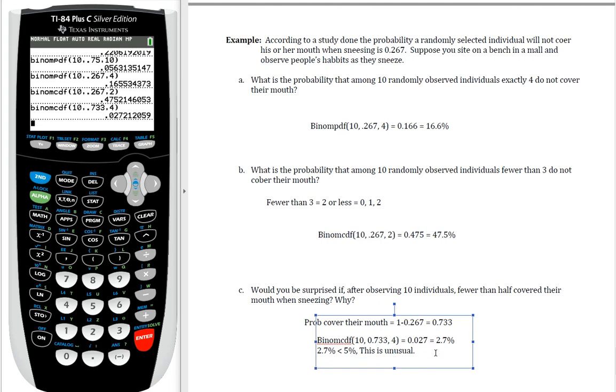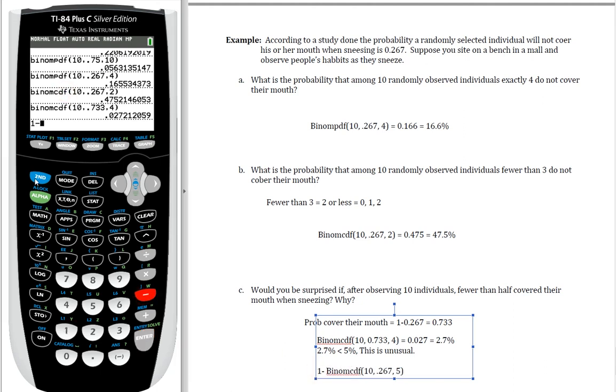So we could also do this as Binomcdf of 10, our original probability of 0.267, and then I want to consider at least 6 individuals. So what I actually want is up to 5. I want to take that away from 1 is another way of doing it.